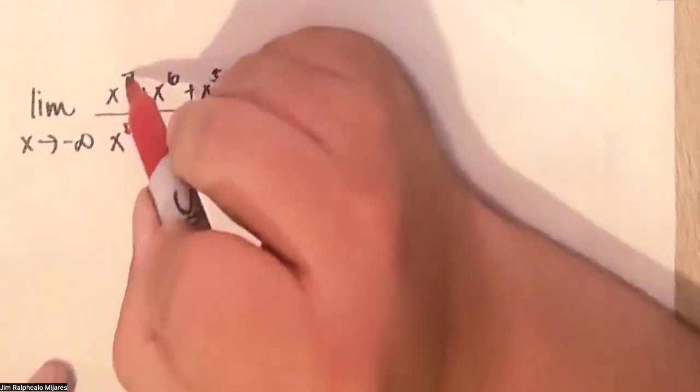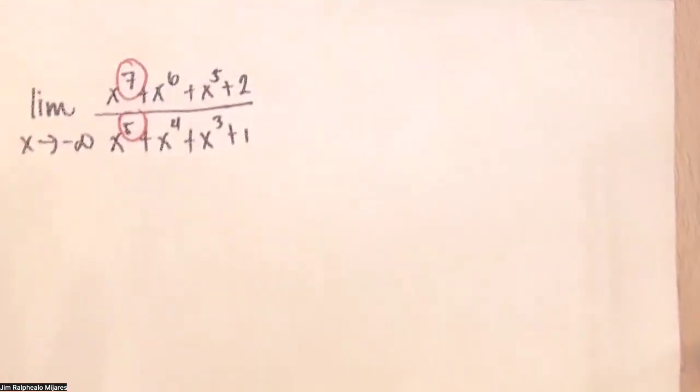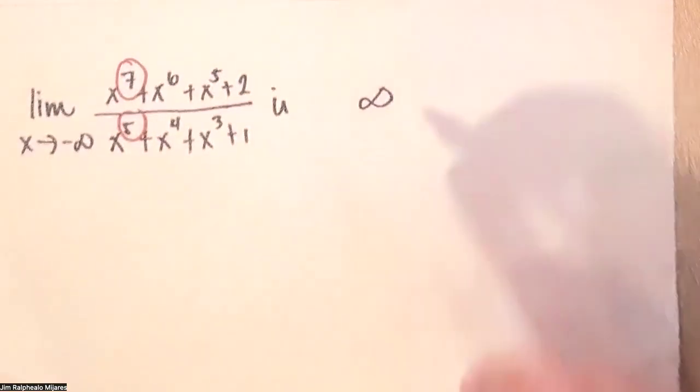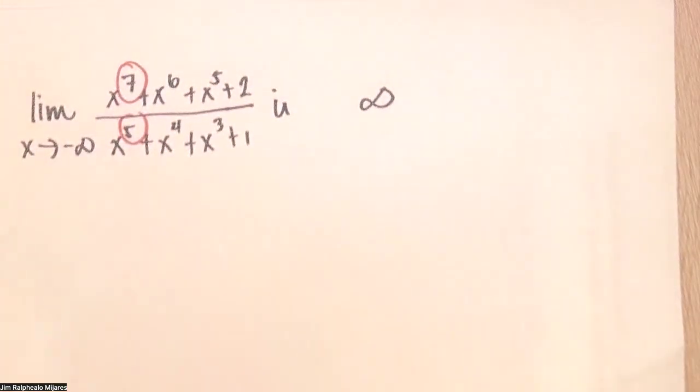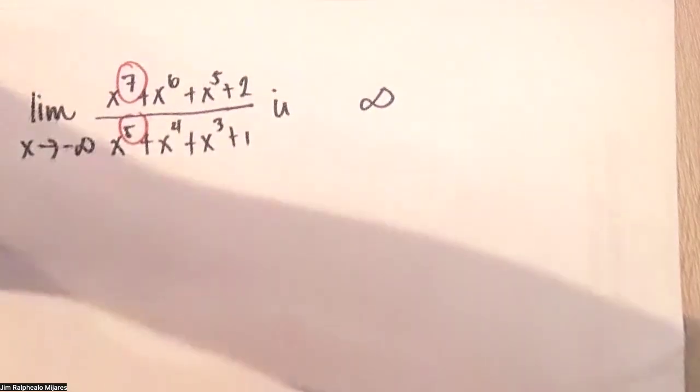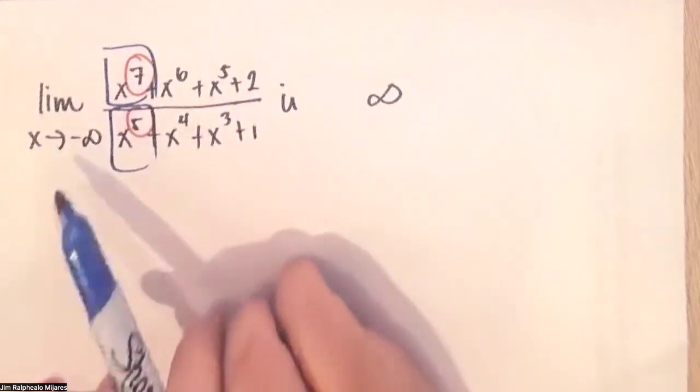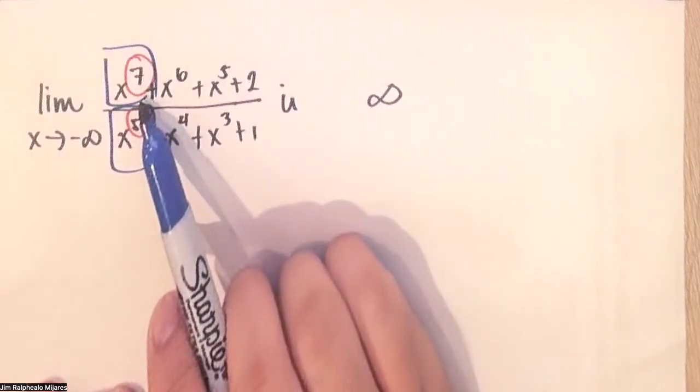Therefore, the numerator grows faster than the denominator. Now, you have made that decision. So it's either infinity, right? Is it positive or negative? Now, you're just going to focus on the largest exponents. If you substitute a negative number to the 7th power, you get a negative number.